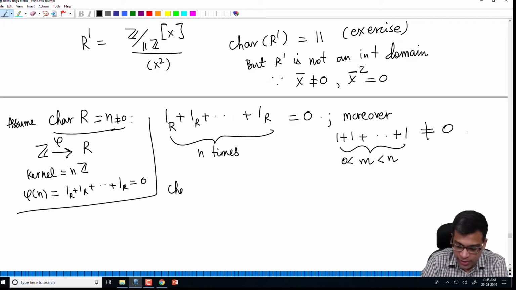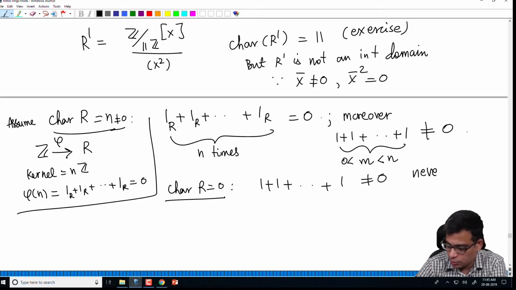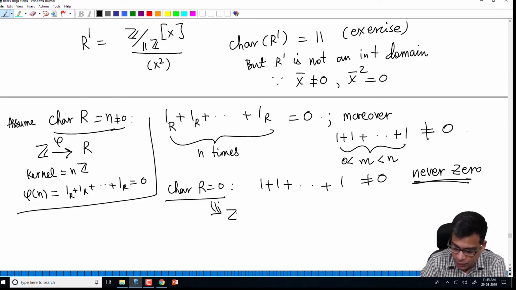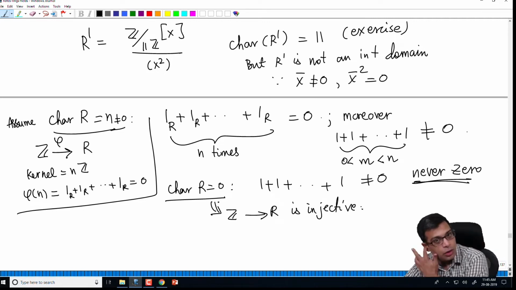On the other hand, if the characteristic is 0, 1 plus 1 plus ... plus 1, any number of times, is never 0, right? Because the map from Z to R is injective: if the characteristic is 0, the kernel is 0, so it is an injective map.